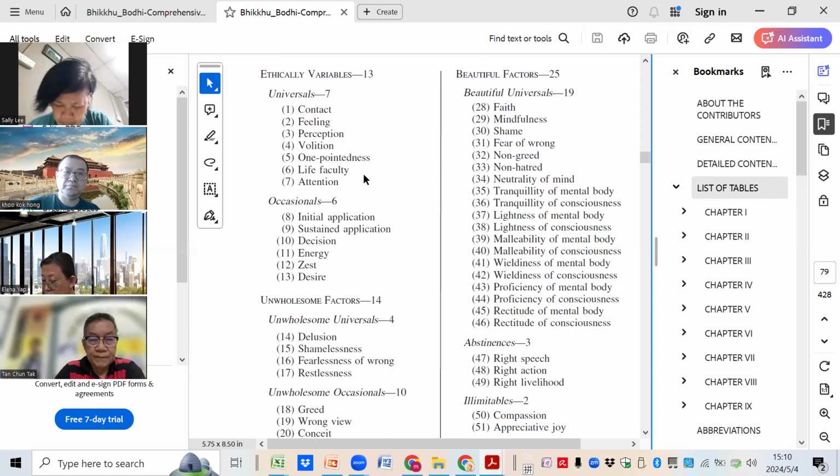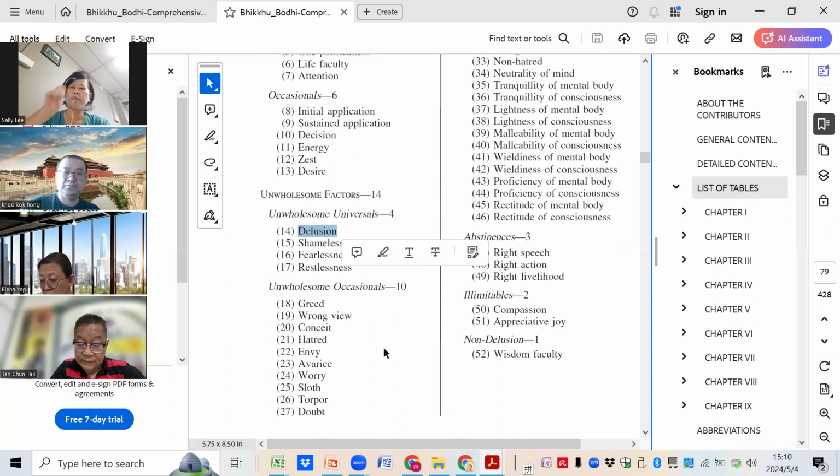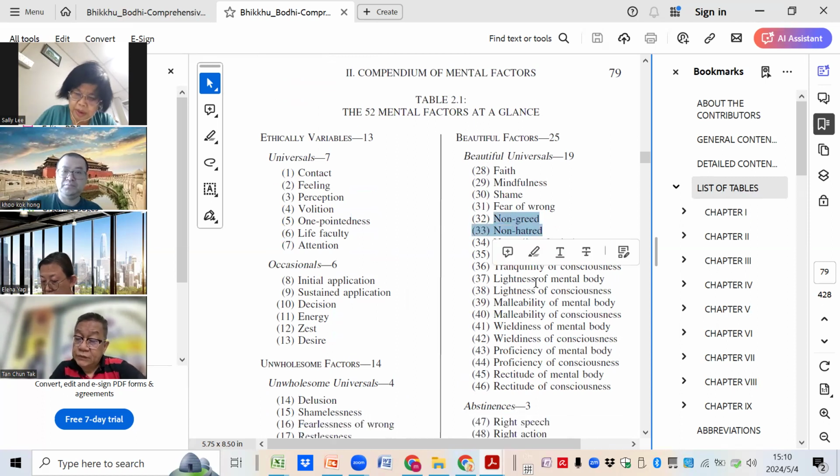Yes, Chuntak, did you find it? Number one, delusion is number 14. Yes, 14 delusion. And then greed is 18. Please highlight. Then hatred, 21. Yes, 21. And then the other three. Non-greed is 32. Yes.